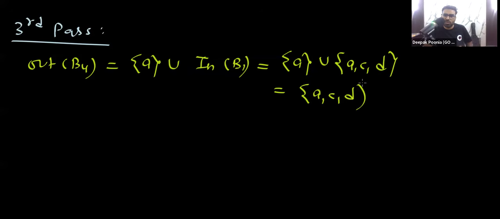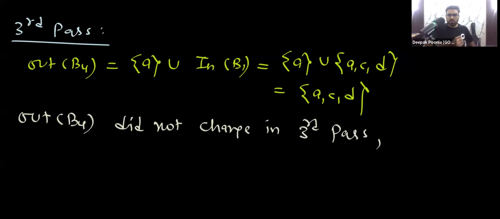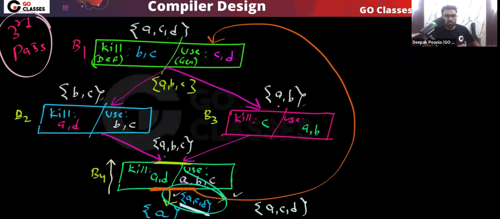So now you can notice that this out of B4 did not change in the third pass. And now you already know that if out of B4 did not change, so in of B4 will not change.